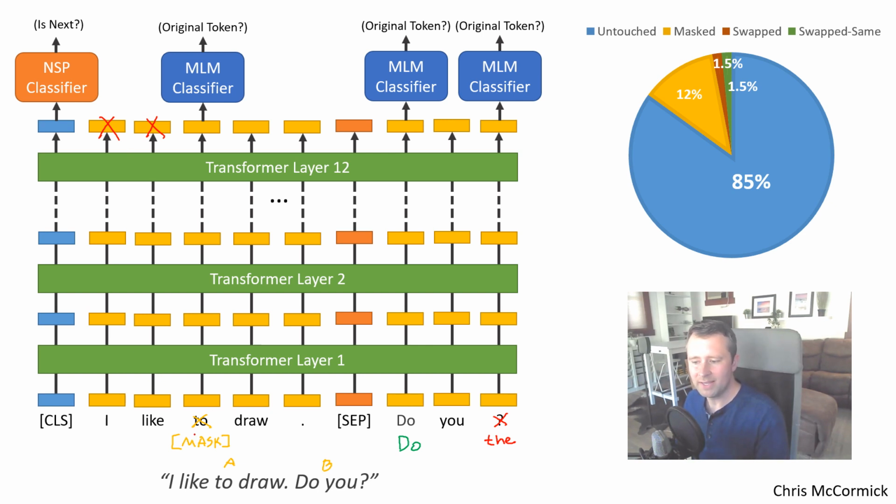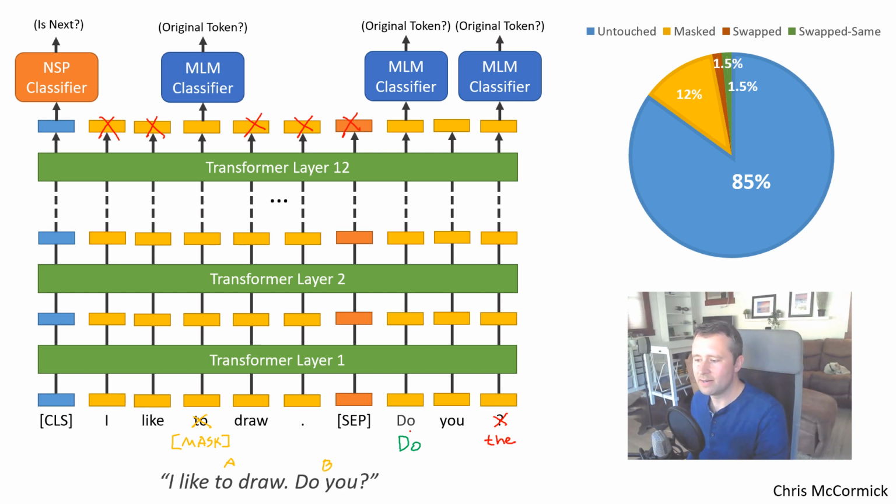But the ones that we either swapped or flagged, we have a separate classifier, the MLM classifier, that has a softmax output. So it's got a probability distribution for every word in the vocabulary, and its job is to predict the most likely token that was here. So these guys, we don't do anything with them.